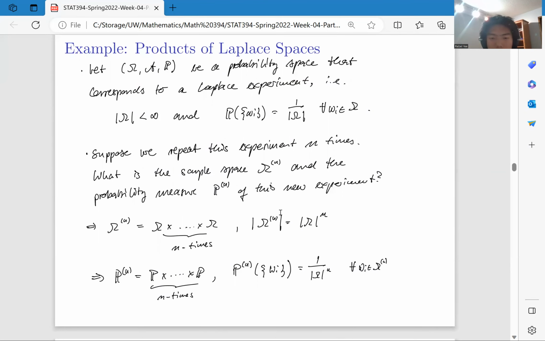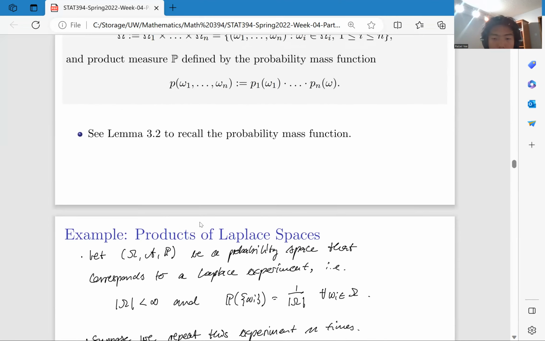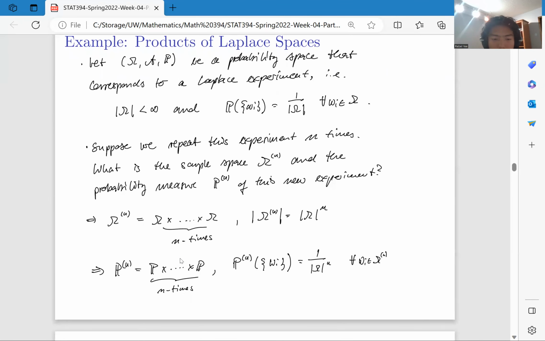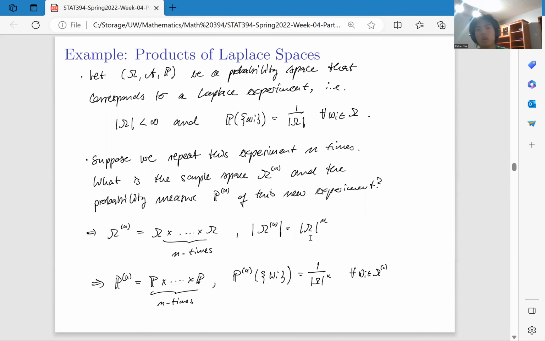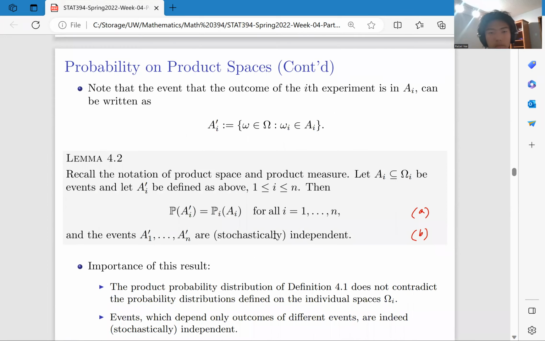So the cardinality of the sample space is the cardinality of omega to the power of n. The probability of each outcome is also 1 divided by omega's cardinality to the power of n, because there is only one outcome for each, and this is what it tells us.